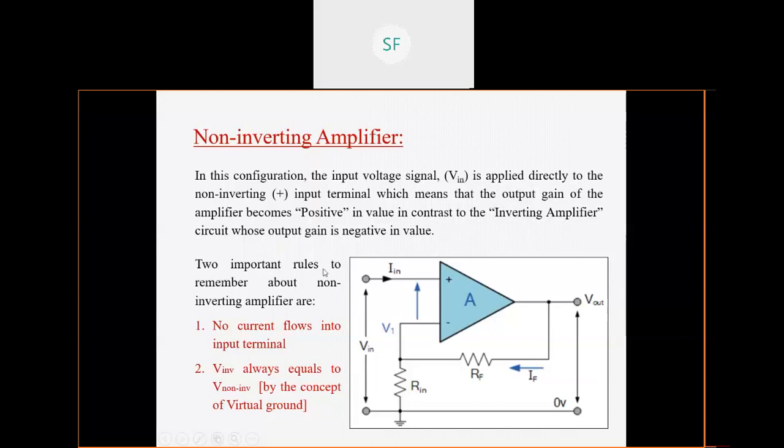Now again you have to remember two rules which you have already discussed while discussing the inverting amplifier case. Rule number one is no current flows into the input terminal, and rule number two is V suffix INV, that is, the voltage at the inverting terminal will always equal the voltage at the non-inverting terminal.